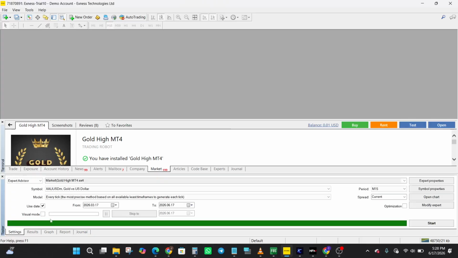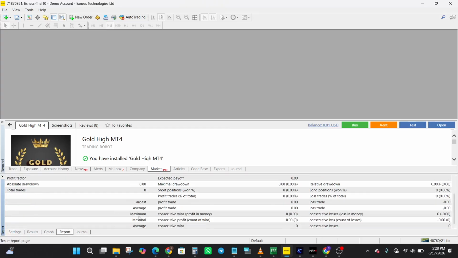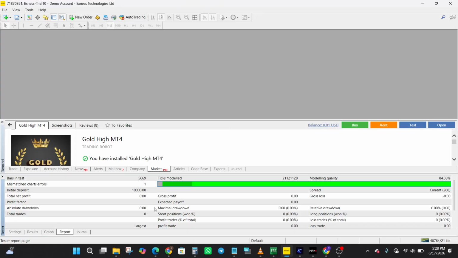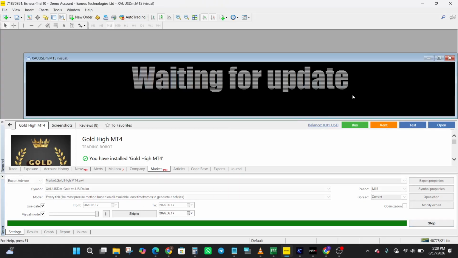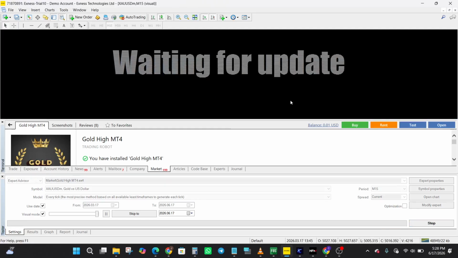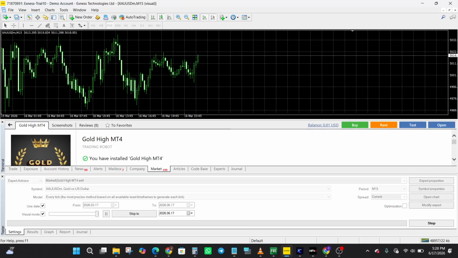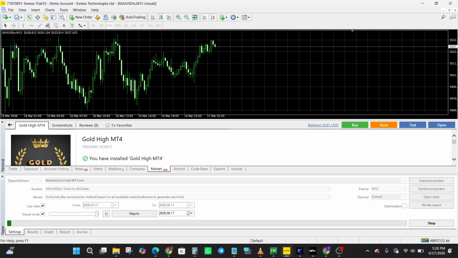Let us just go turn on the visuals. At least let us see the EA in action. If we don't have any report here about executed trades, let us at least see how the EA works.